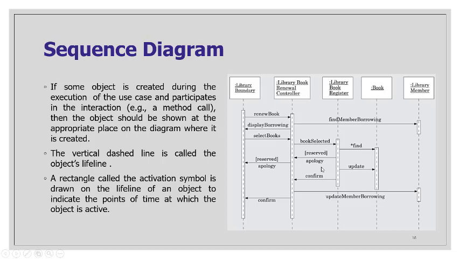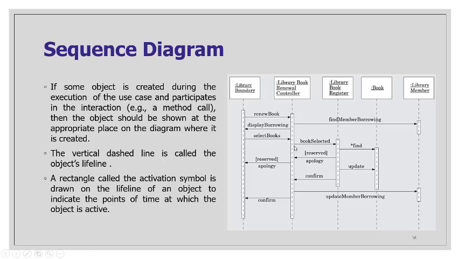The sequence diagram for the book renewal use case of the library automation software is shown here. It is the sequence diagram of the book renewal process. Here the library boundary object renews the books. When the book is renewed, it finds the library member who is borrowing the book.